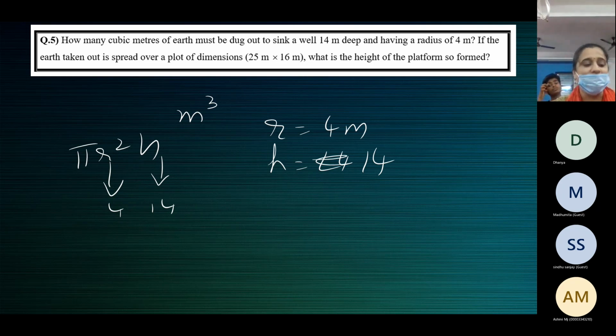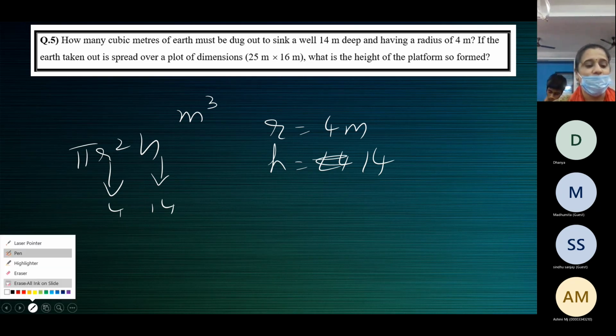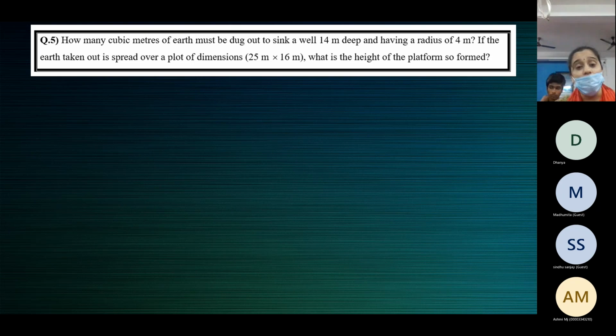Now here again, what is the equation? It's enough if you write the equation in words. Then we'll convert it to a mathematical equation. What is the equation in words?